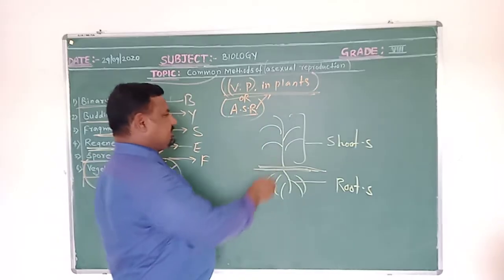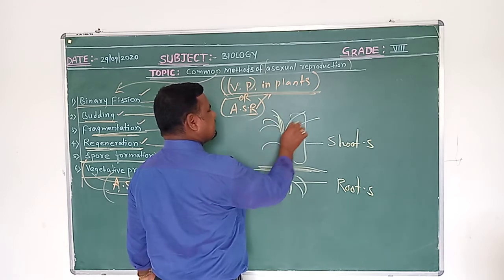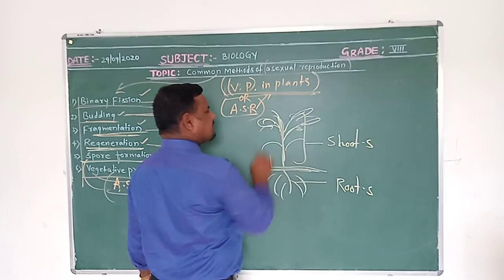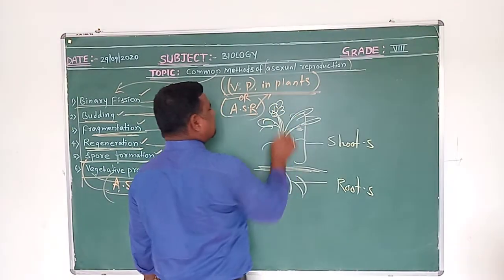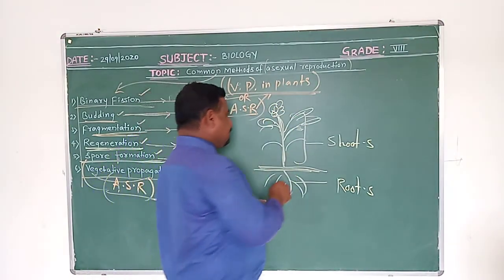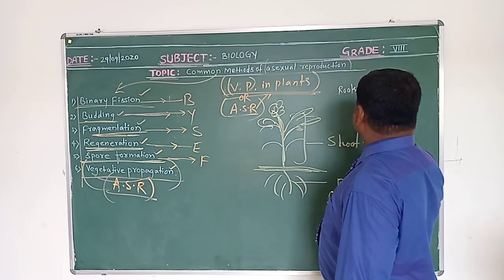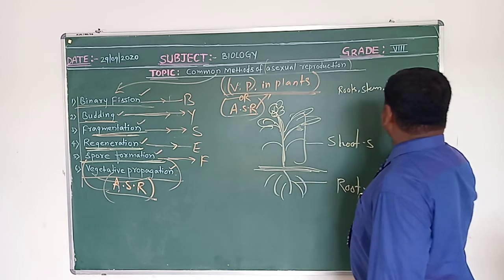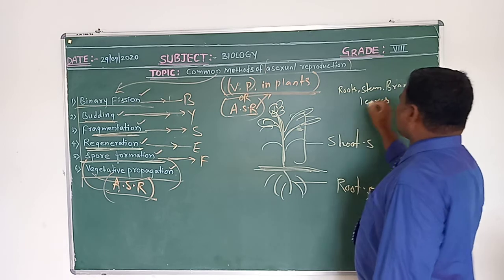In addition to this, there are branches, stem, leaves, roots, etc. And now suppose this is a flower. Now what I am saying to you: roots, stem, branches, leaves, what are these all?